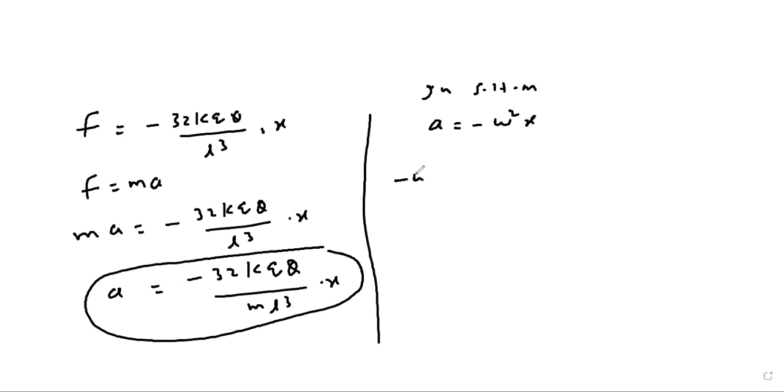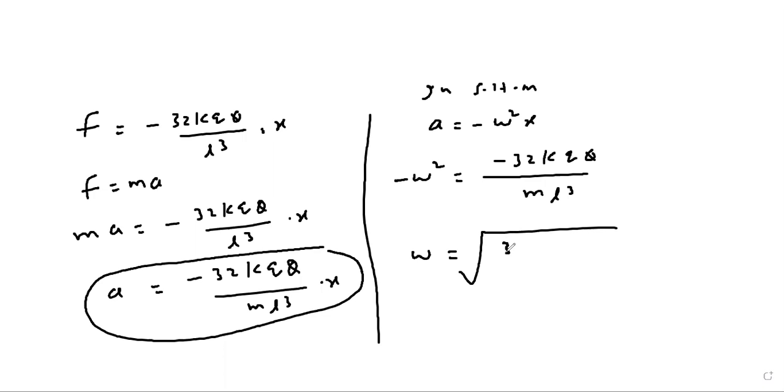Now you can write minus omega square is equal to minus 32 KQ capital Q by ML cube. Got it? Minus minus gets cancelled. You get omega. Omega can be written as under root 32 KQ by... So all these are simple mathematical steps along with physics formulas. Okay, right. So we got omega.